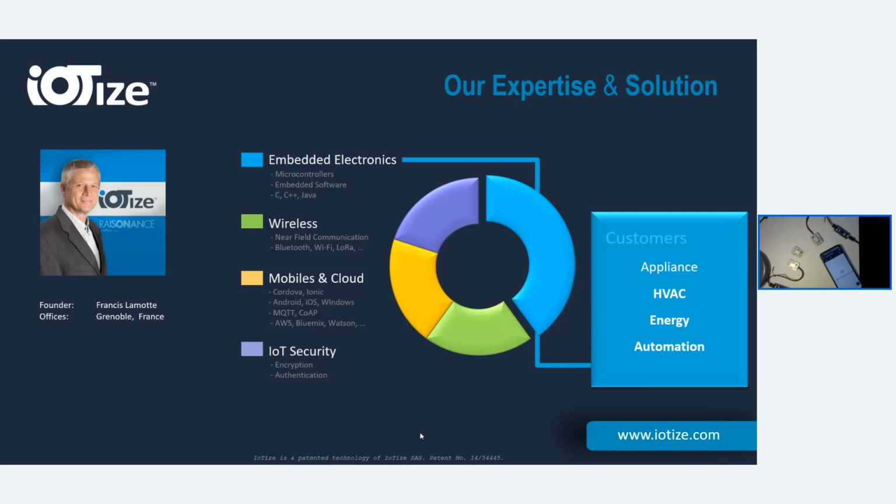And with this, we developed extensive expertise in wireless and mobile apps, interfacing with mobile devices, cloud platforms, and security mechanisms, encryption, authentication, etc. And all of this has come together in a solution that we intended to provide initially to OEM device manufacturers.